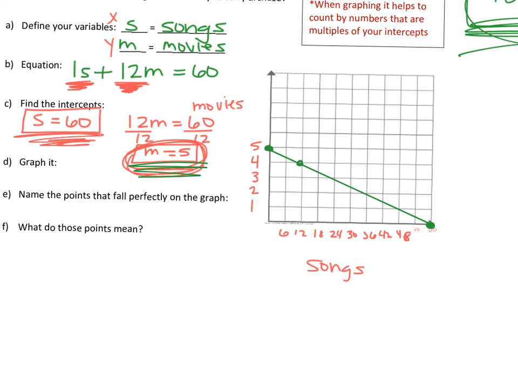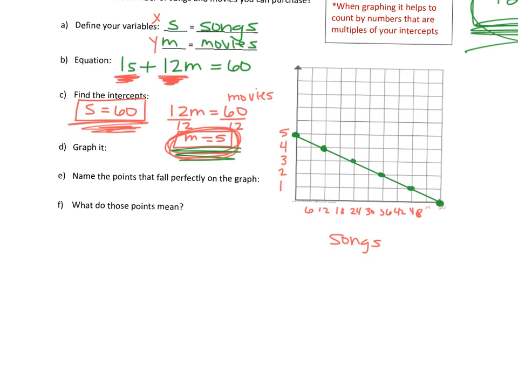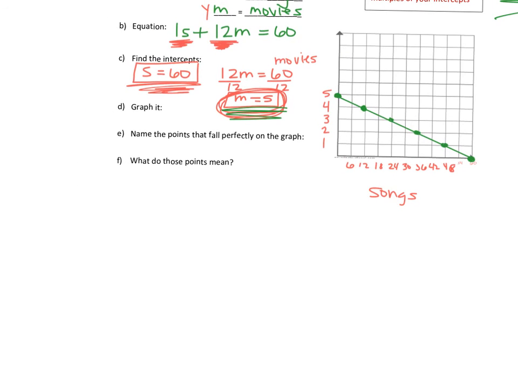Okay, my ruler wasn't laid out perfectly, but all of these hit your graph perfectly. Do you see that? That tells you what all of your answers could be. So it says name the points that fall perfectly on the graph. So we have this first point is 0, 5. Second point is 12, 4.